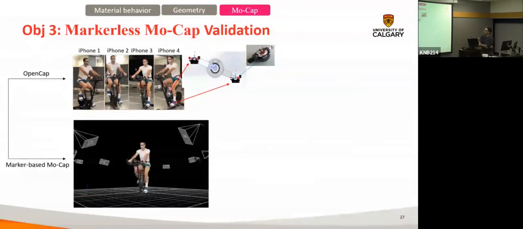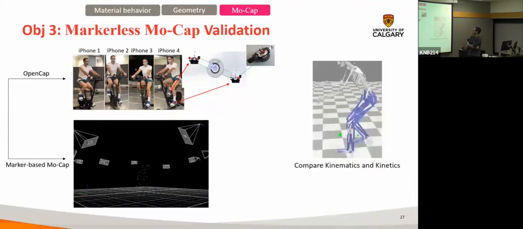We want to validate this with marker-based motion capture. We have 32 markers on the lower extremity and 9 to 10 cameras. We want to track these 32 markers, and then we compare kinematics and kinetics from OpenCap and from marker-based motion capture.